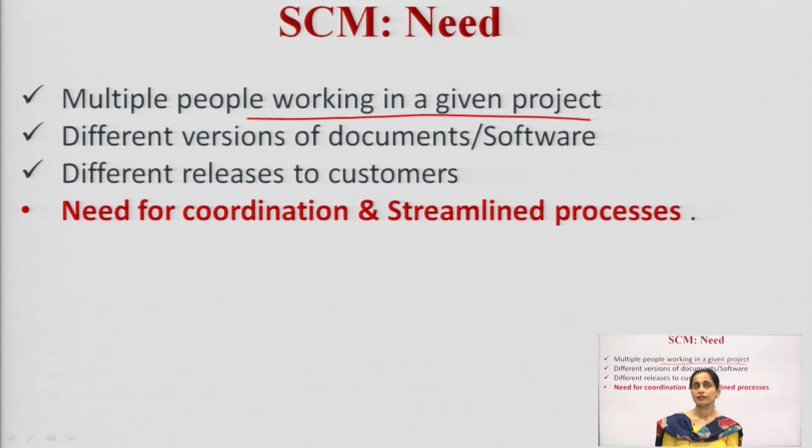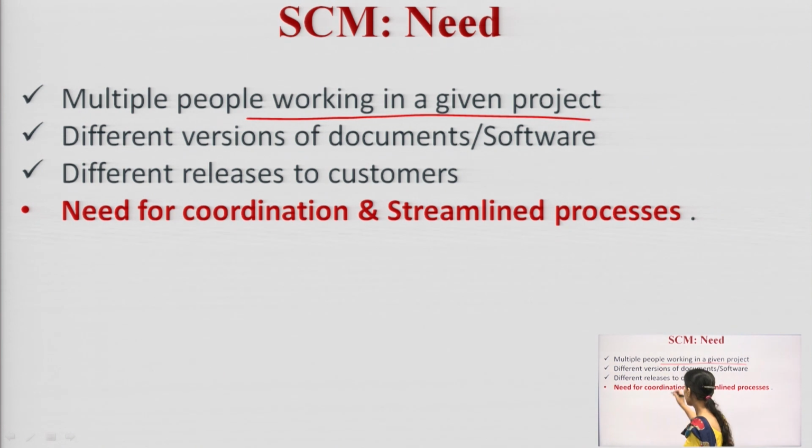Every person has their own mind and their own thought process. So, one may suggest some changes, then another person comes and does the same. So, there can be multiple changes being made at the same time. To maintain a consistent level in the entire software, software configuration management is required.